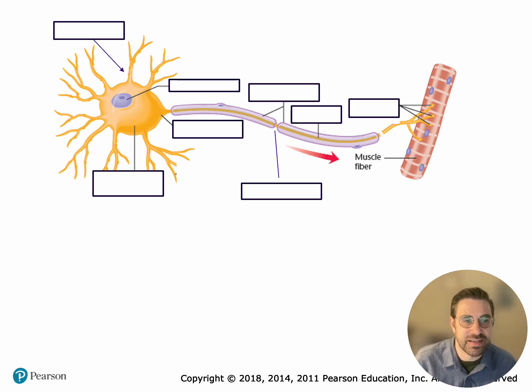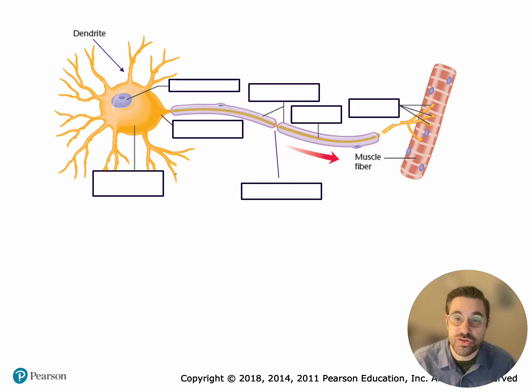There's a number of structures on here that you may be familiar with from Intro to Psych, so let's review them one by one. So these branches that are coming off of the neuron here have a branch-like name, and that is dendrite. Dendro is a root for tree.